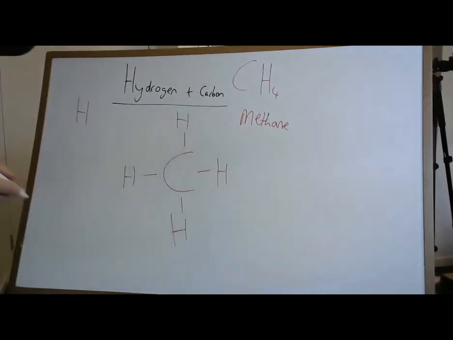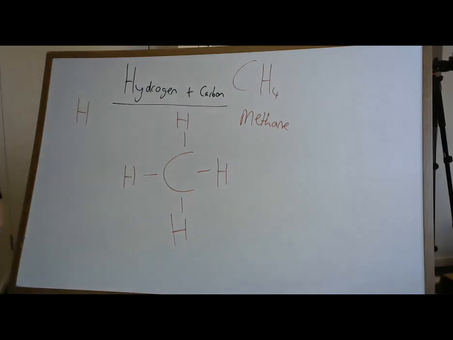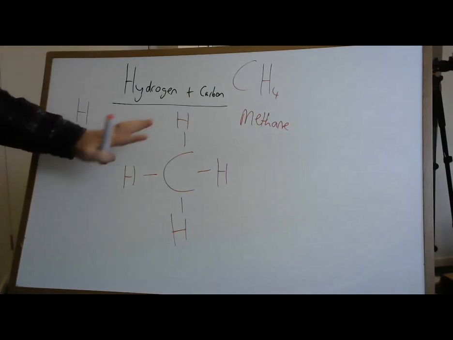Methane is something we use as a gas fuel source. It's also a very, very potent greenhouse gas. It comes out of cows, it's flatulence as well. So, this is the basic structure.